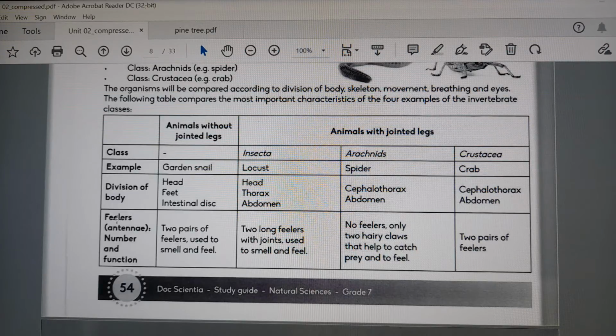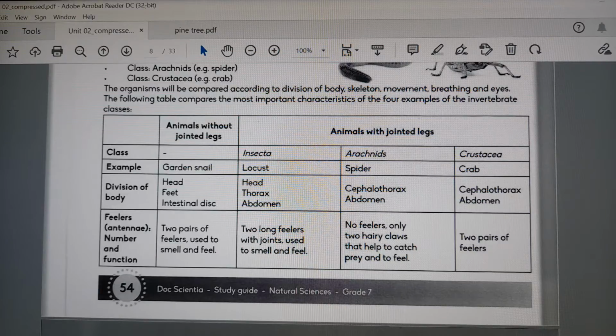Okay, we look at the snail's feelers or antennae, the number and function. How many feelers does it have, and what is the function of these feelers? It has got two pairs of feelers used to smell and feel.